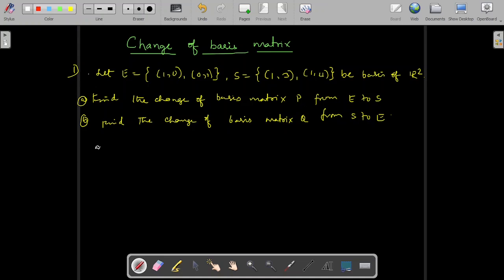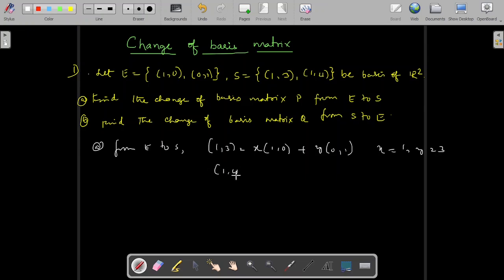So first case, from E to S means every vector of S is written as a linear combination of vectors of E. So (1, 3) equals x times (1, 0) plus y times (0, 1). It is easy because it is from the standard basis to a new basis. So directly you can write x equals 1, y equals 3.